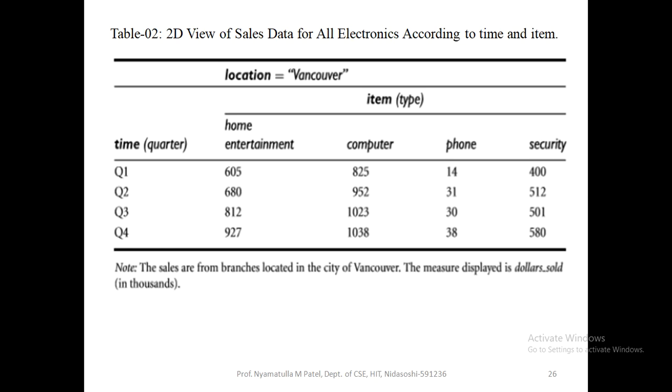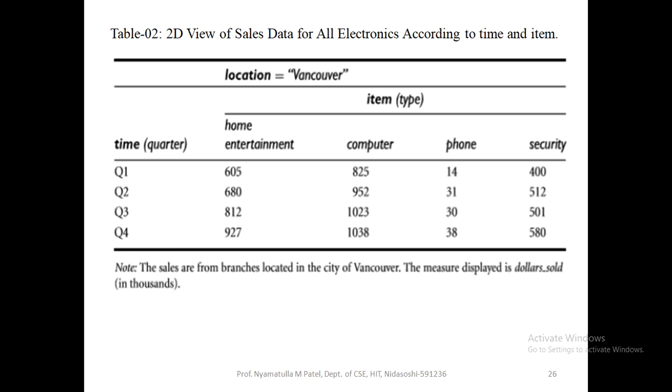Here is the item type. A complete year is divided into 4 quarters, Q1, Q2, Q3 and Q4. The branch location is the city of Vancouver, and the measures displayed are in terms of dollars sold in thousands.